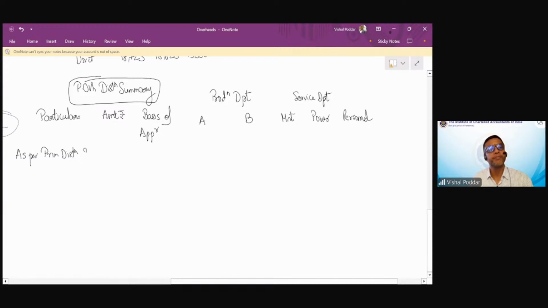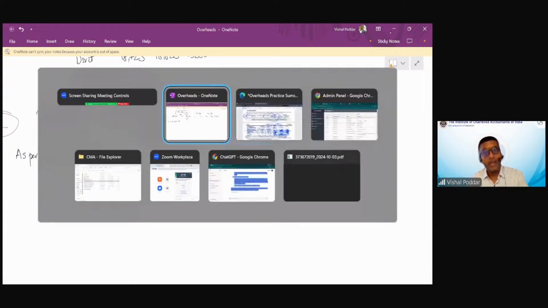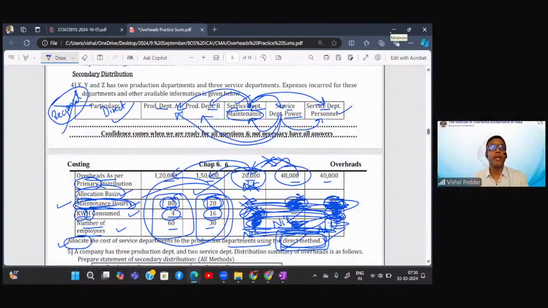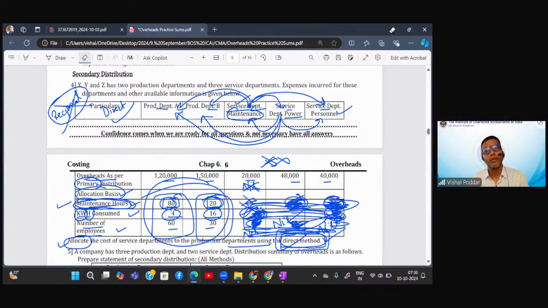We have to presume that thinking. Yes, and this thinking I'm trying to develop. Once they have given the direct method, we have to get that understanding. Perfect, now you are getting the point. Super. Good, you should fight with me like this.